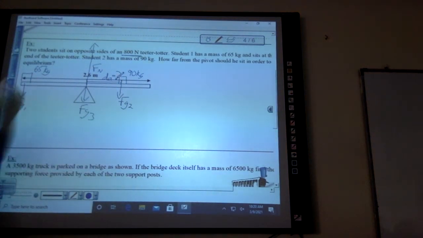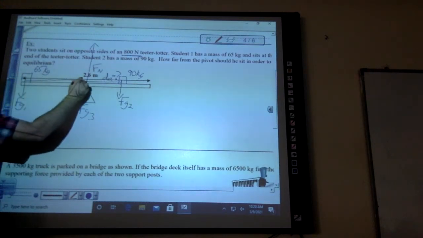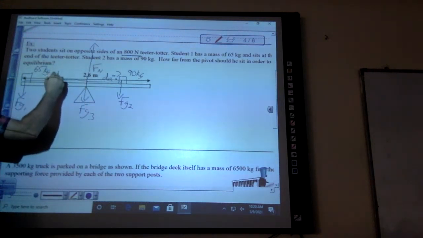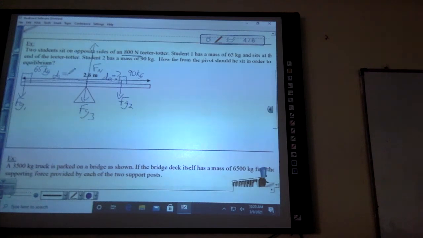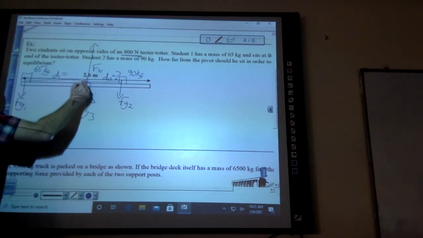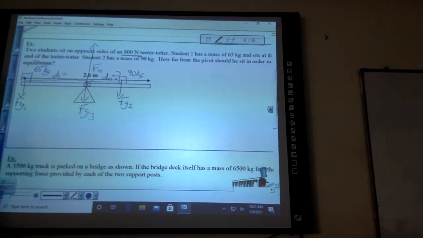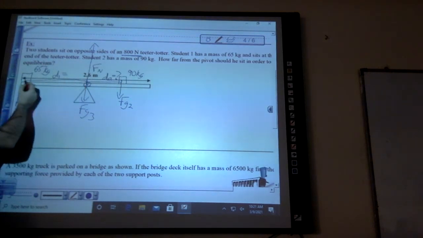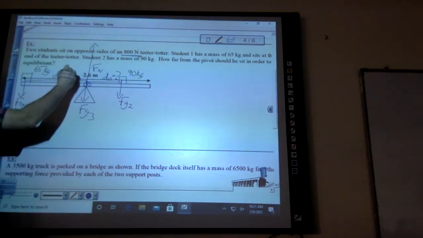Here's distance 1. What is this distance? 1.3. How did you get 1.3? I want the distance from FG1 to the pivot point. I'm going to have this as my pivot point. This is an obvious choice. This is my distance, so it must be 1.3.